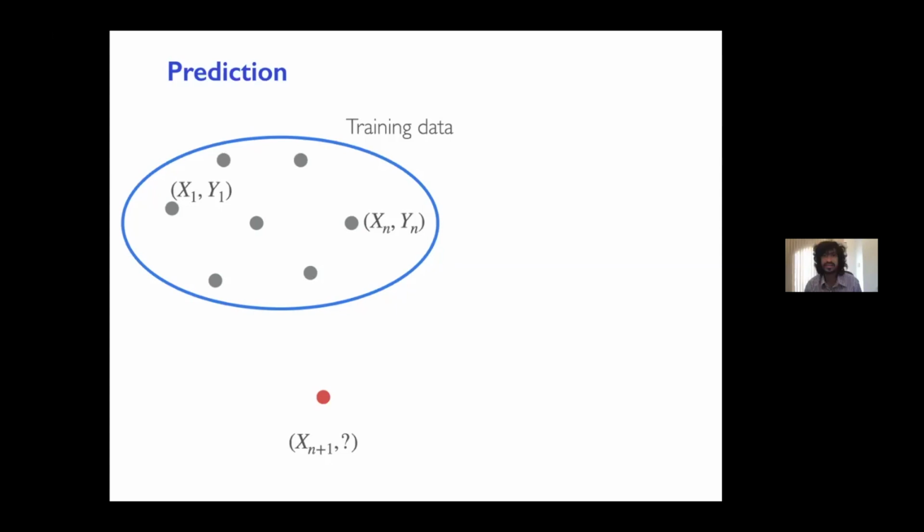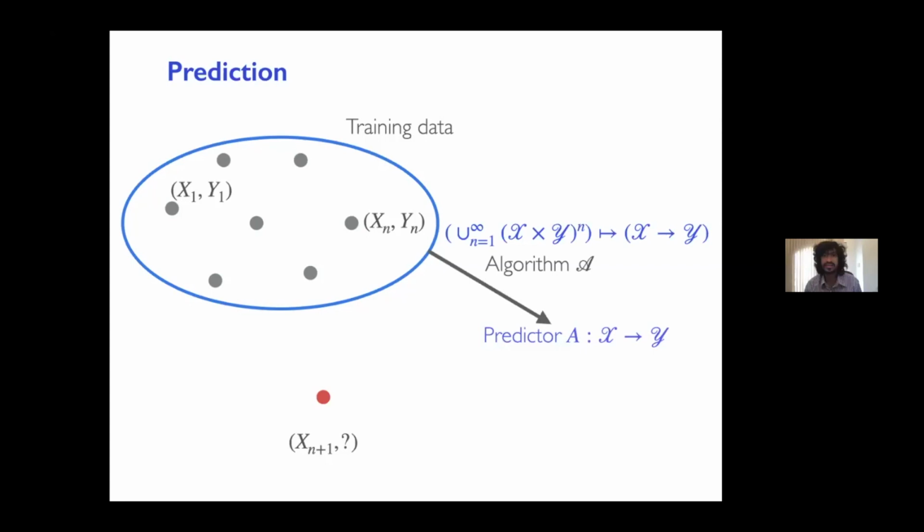So this is how prediction usually proceeds. We have an algorithm A. This algorithm takes in the training data and spits out a predictor, which is a mapping from x to y. So we think of an algorithm as just a mapping from some number of labeled data points.